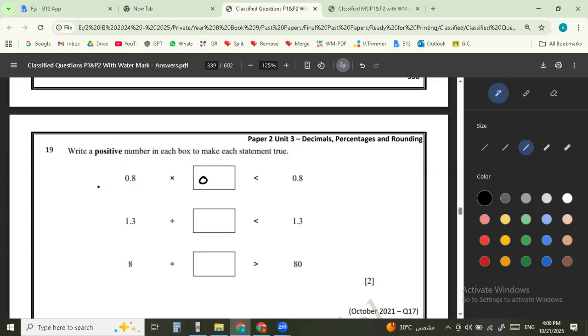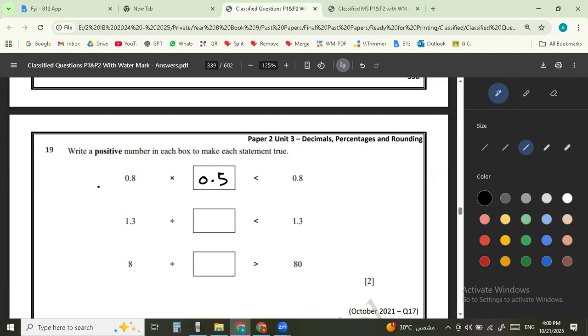So 0 point anything that you want. I'm going to multiply it by 0.5, and that is going to give you an answer that is smaller than 0.8.